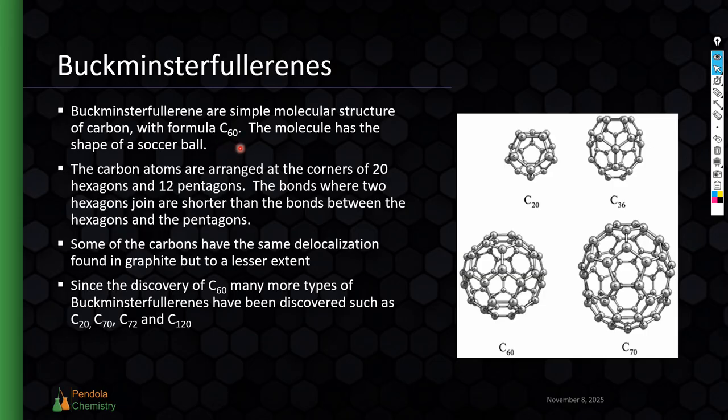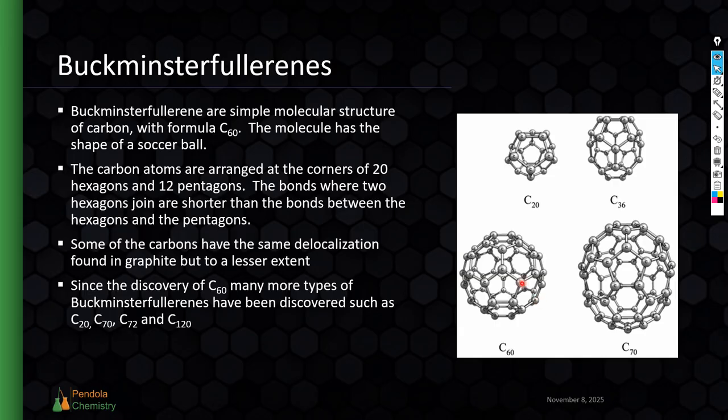The C60 Buckminsterfullerene is named C60 because it has 60 carbon atoms, which form 20 hexagons and 12 pentagons in total. The bonds are all covalent bonds, and they are made to form this sphere.